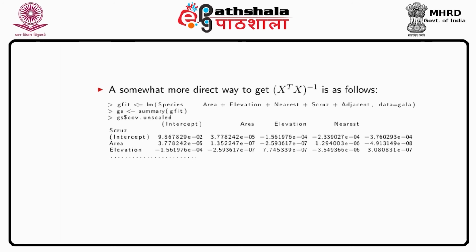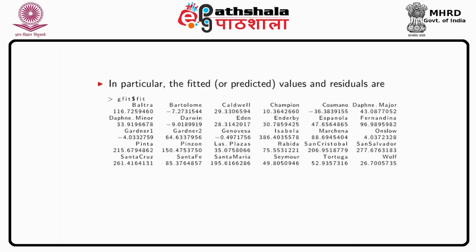You have the different variables which are taken as independent variables in the model, and you have the unscaled covariates. In particular, the fitted values or the predicted values and residuals can also be looked at by using gfit$fit and gfit$residual. In both cases, the output has been given underneath.